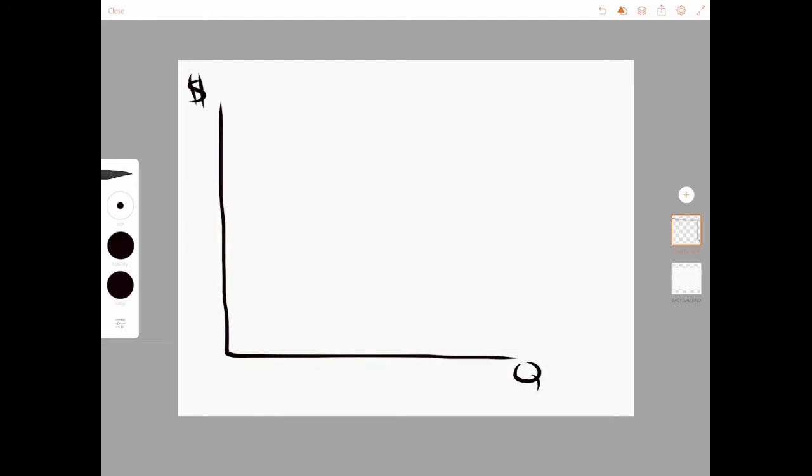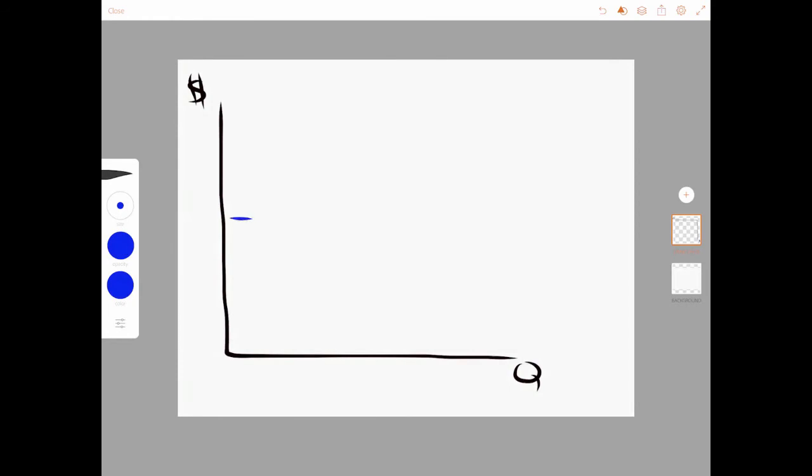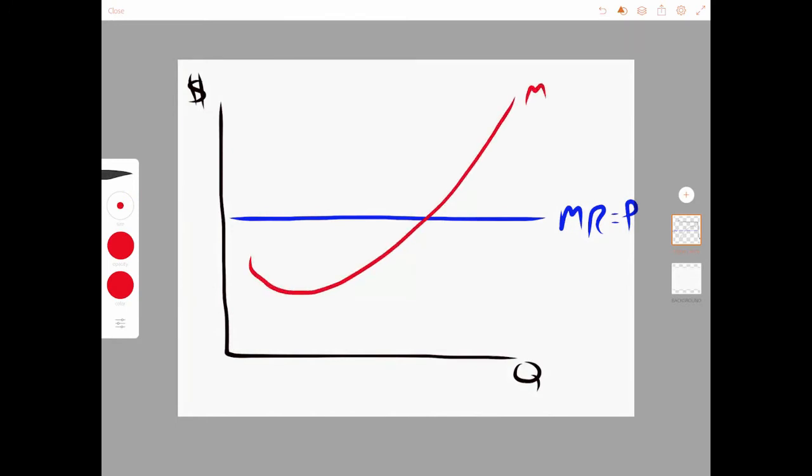Let's put in our marginal revenue curve first. That nice flat line. So here's marginal revenue, and we know marginal revenue is equal to price. Now we're going to put in our marginal cost curve. So there's our marginal cost.